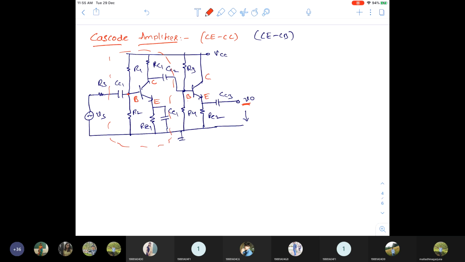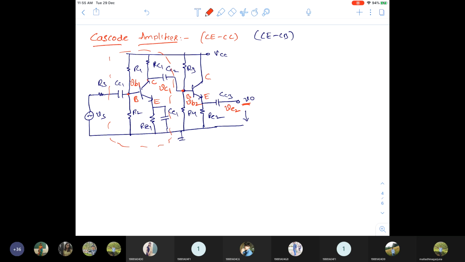Now the first stage input is VB1, and the first stage output is VC1. The second stage input is VB2, because input is the base terminal, and output I can write as VE2, because the second stage output is the emitter terminal.